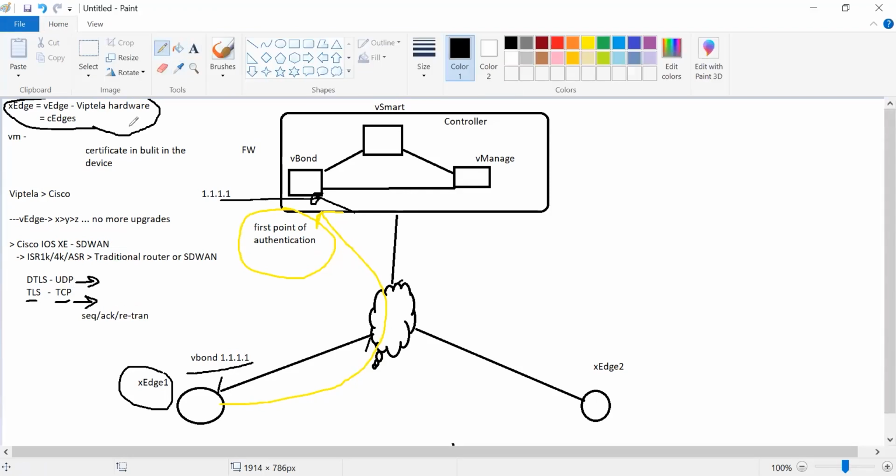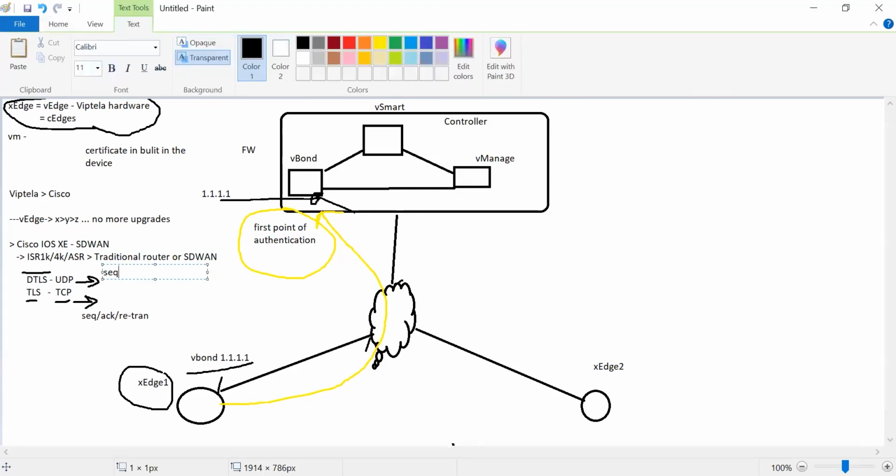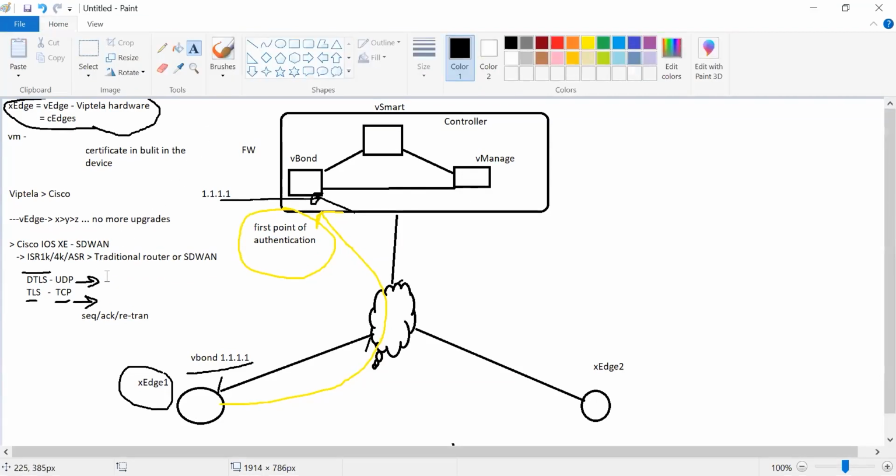Even DTLS, with UDP, has its own way of sequencing to know which packets are received or missed, so some TCP-like functionality is built into DTLS. On a high level, it also has some way to identify which packets are received and which are missed.